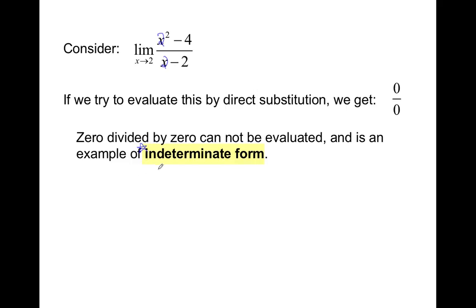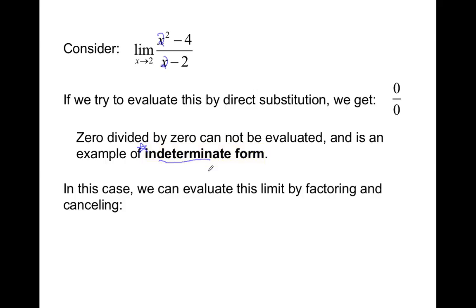That's called an indeterminate form because I can't determine what 0 over 0 is without more information. 0 over 0, is it 1 because it's anything divided by itself? Is it undefined because it's something divided by 0? Is it neither of those? I don't know. I can't determine without more information as to how the 0 over 0 happened. And that's why that is called an indeterminate form.